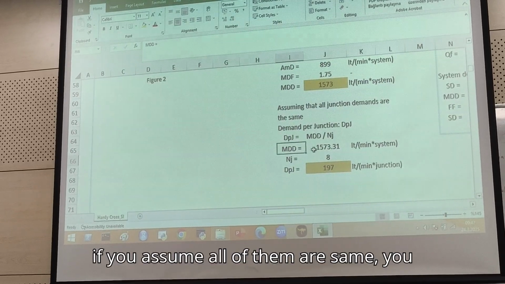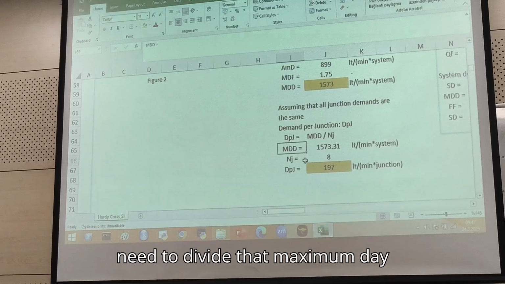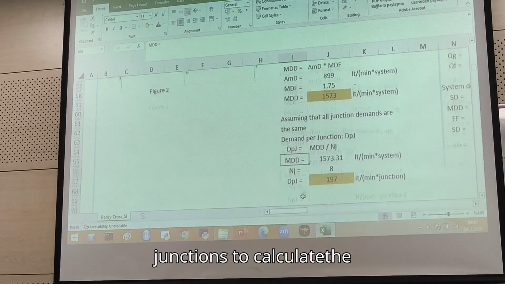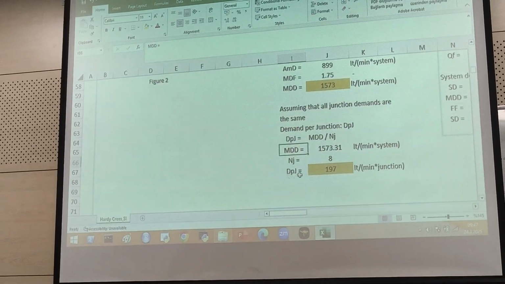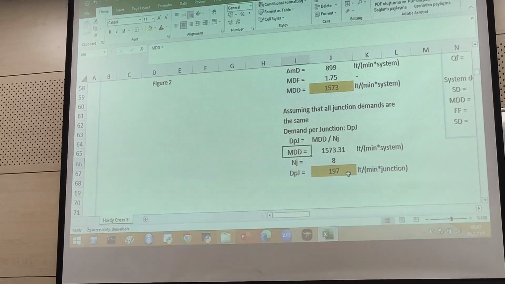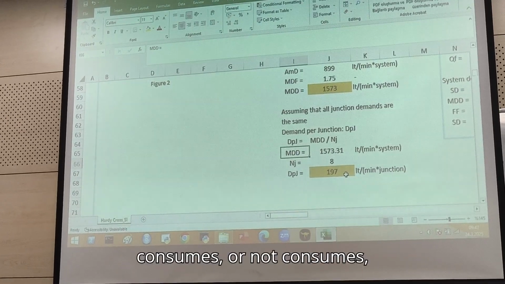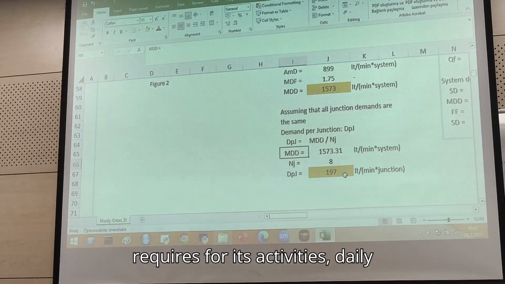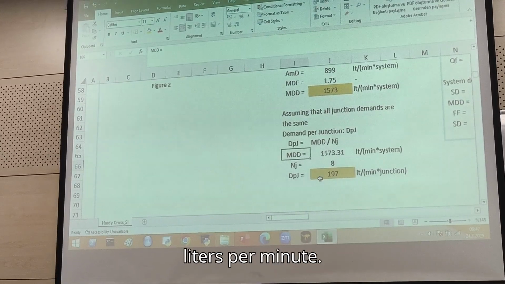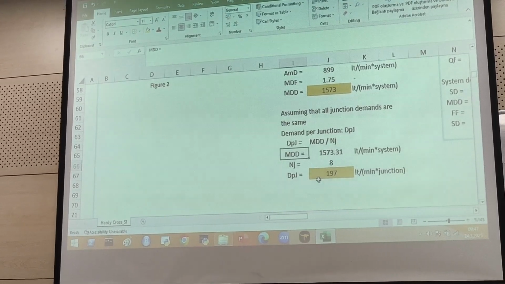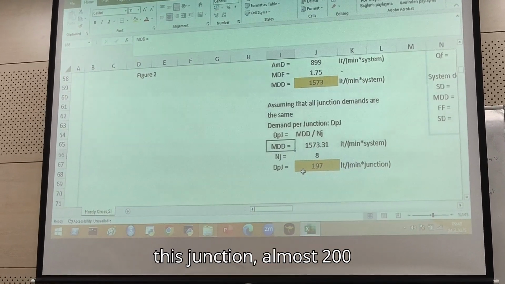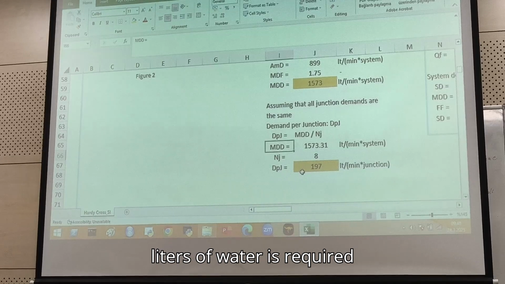Therefore, if you assume all of them are the same, you need to divide that maximum day demand by the number of junctions to calculate the demand per junction. So it means every junction in our system requires for its daily activities 197 liters per minute. So every single minute in this junction, almost 200 liters of water is required.